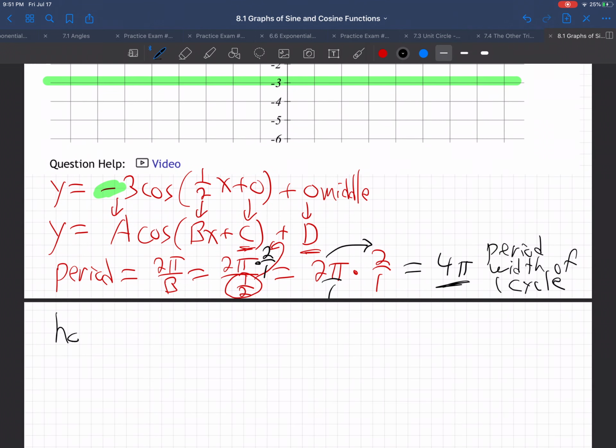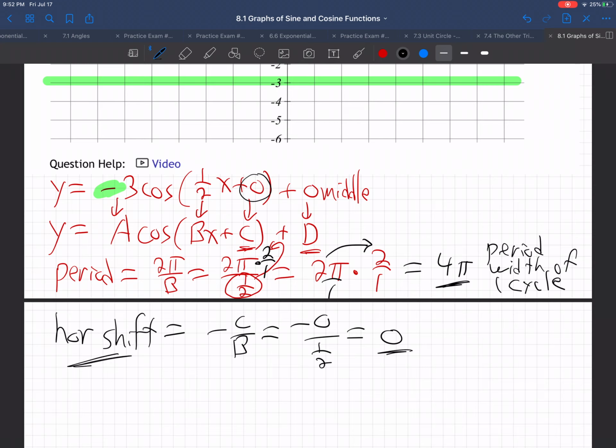So horizontal shift, -c over b. C is 0, -0 over b. B is a half, but 0 over anything is just 0. So the horizontal shift is 0. So there's no horizontal shift. So it starts at x equals 0, right in the middle. There's no shift. So our cosine graph starts right at 0.